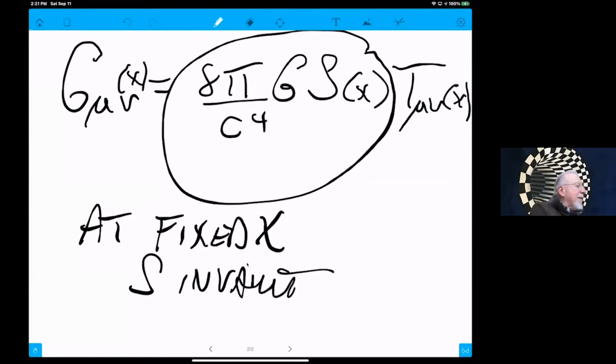It could be different inside material. It's different in different locations in the crystal lattice. It can be different, but it's still invariant. So this is still a kosher tensor equation.